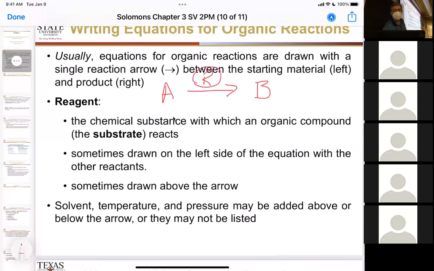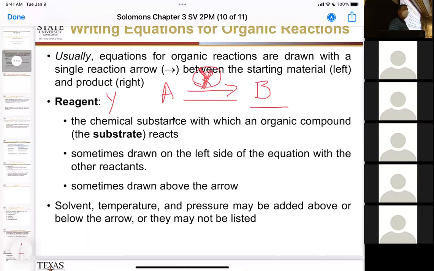Let me change that R to Y. Y here is our reagent. It's the chemical compound that's changing the substrate. B is the product. So the important thing here is there's a line that goes in one direction with an arrow.